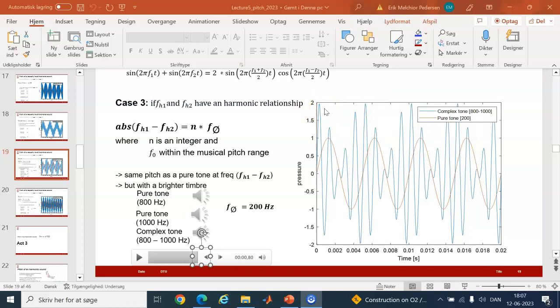It's 0.005 second. This distance in time from here to here is the same as from here to here, and here to here, and so on.